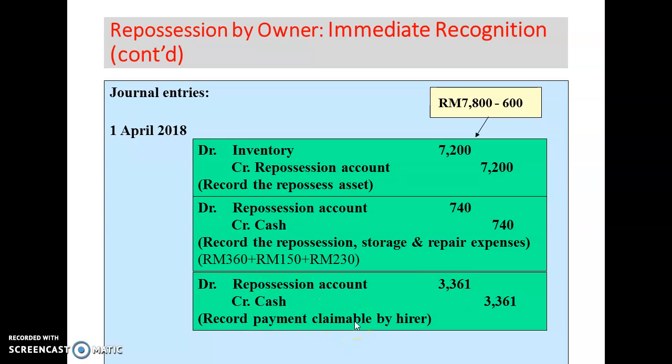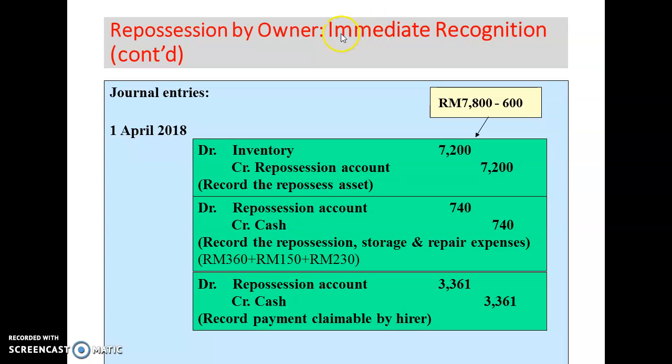In this case, we have to pay the hirer, what we calculated just now. So we need to pay the hirer 3,361. This is basically the difference between the goods value plus total paid minus the amount receivable. So we debit repossession account 3,361.